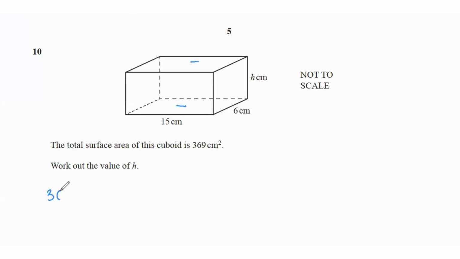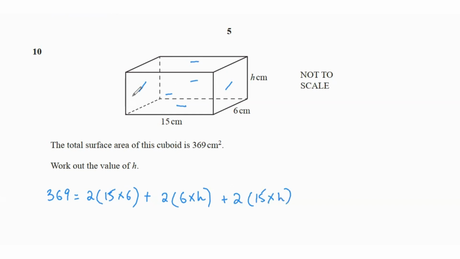So 369 is going to be 2 times 15 times 6, because we have 2 similar faces, plus the faces on the side, this and this one, which is 2 times 6 times H. And now the front and back, so that's plus 2 times 15 times H, because all of these are H.